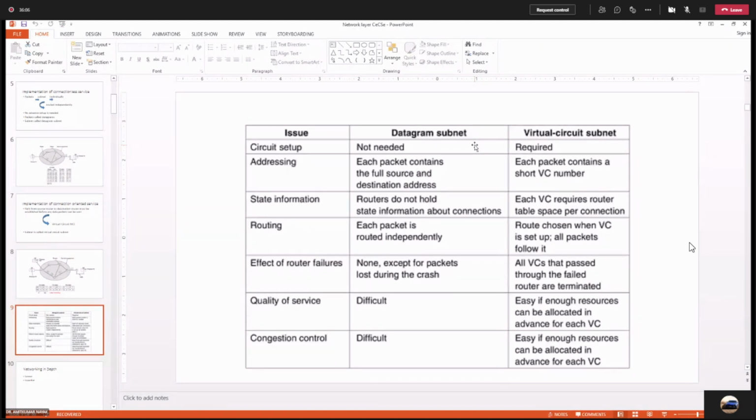We are discussing connection-less and connection-oriented communication, and we are discussing datagram subnet and virtual circuit subnet. So can you please tell me the difference? Can you please tell me the comparison of datagram subnet and virtual circuit subnet? What is the difference?